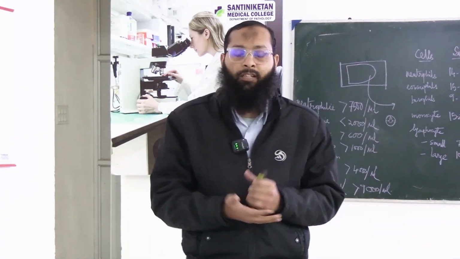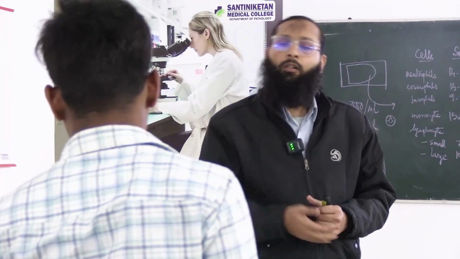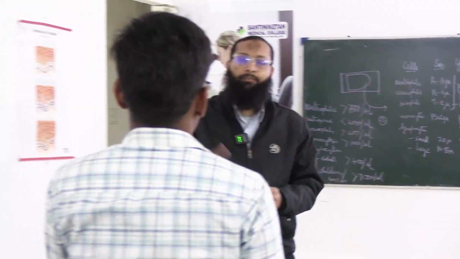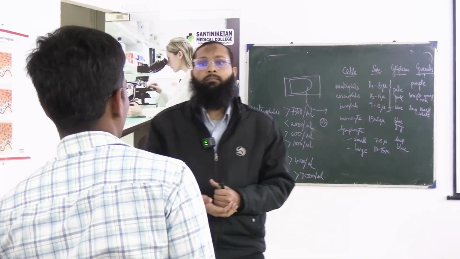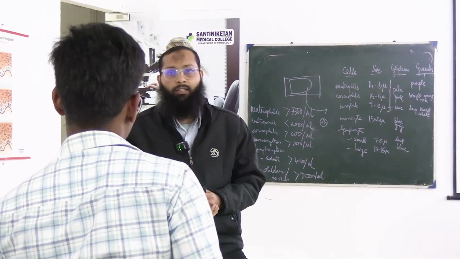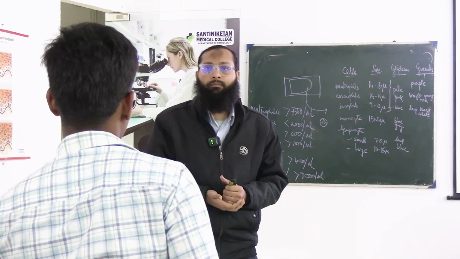Tell me how you made the PBS. You have dropped one drop of blood on a glass slide. Now start. Then another slide. What's the name of another slide? You have to know.